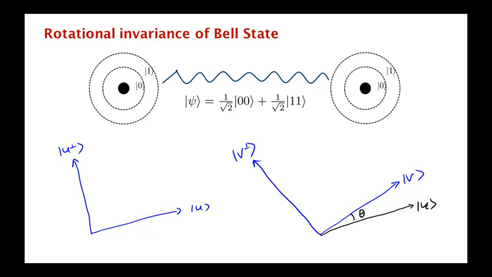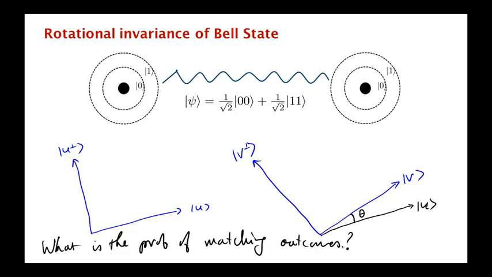So what we want to know is, suppose we do these measurements. We measure the first qubit of the Bell state in this u, u perp basis. We measure the second qubit in the v, v perp basis, where these two bases make an angle of theta with each other. Now what we want to know is, what is the probability of matching outcomes?